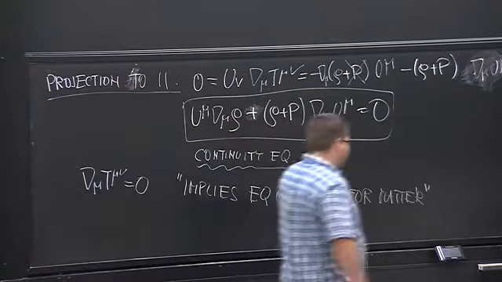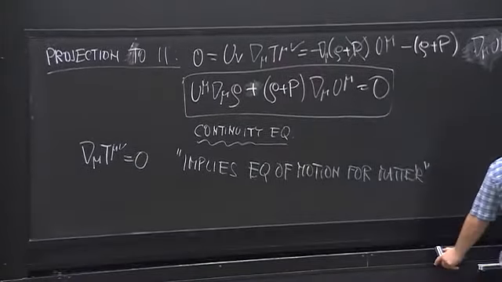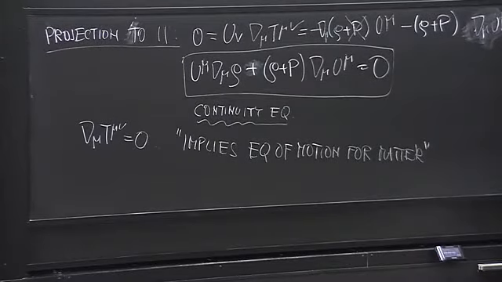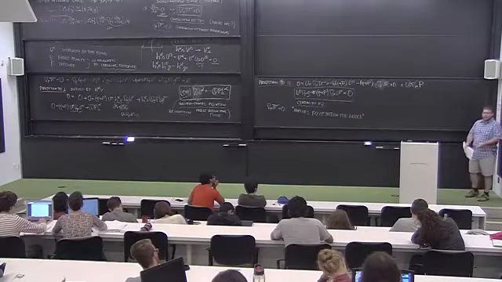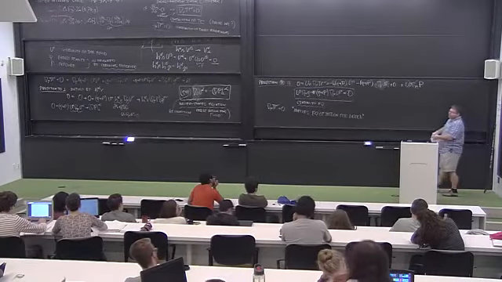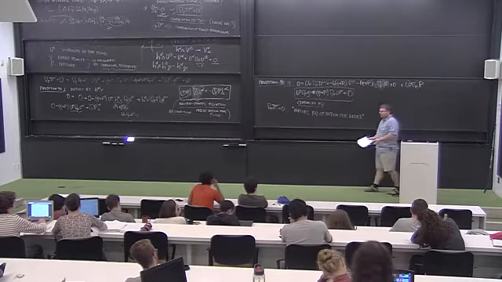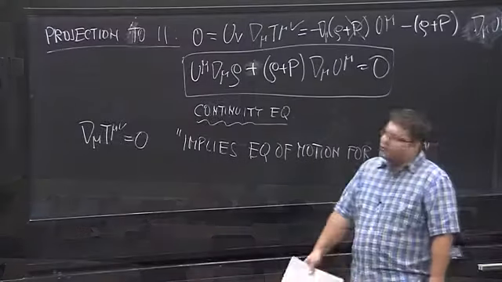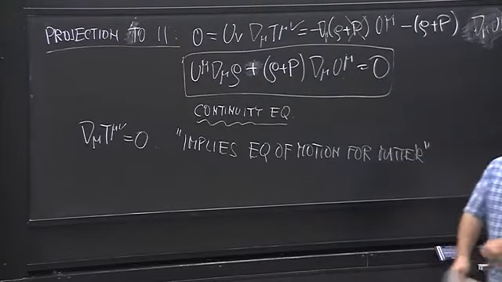So let's say I took my action for the particle in curved space, which is just minus m dτ. I would vary this action with respect to the metric and find the corresponding T^{μν}. That T^{μν} is conserved automatically.